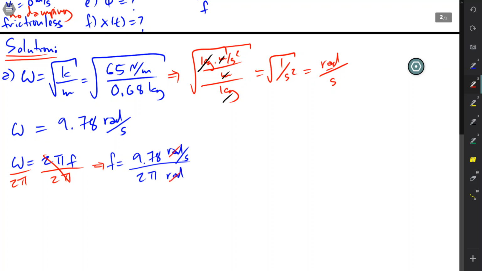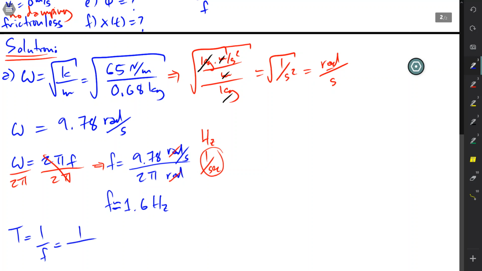We end up with a unit of 1 over second, which is actually hertz, giving us approximately 1.6 hertz.